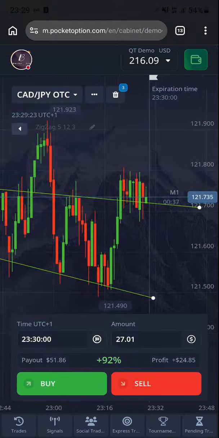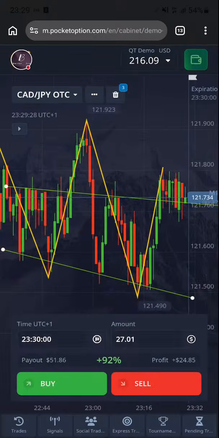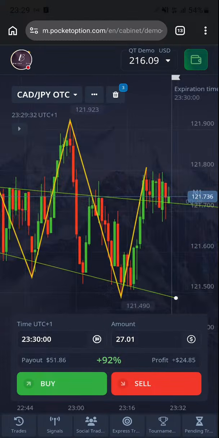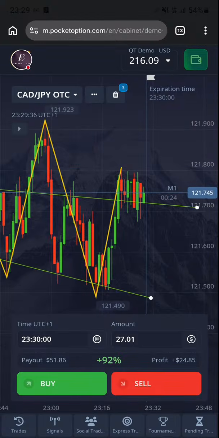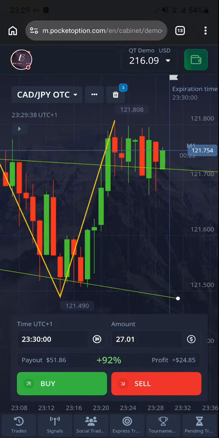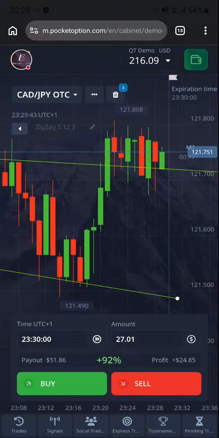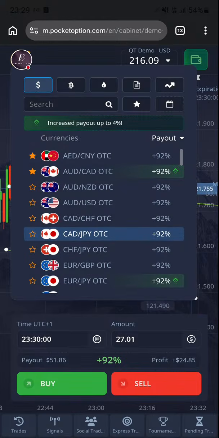Sometimes this is the time you might want to use this. You can see what I'm talking about now. This up, down, down, then up. So the next movement of the market might just be down. We don't know yet, so we just need to wait for a breakout or something, to see what will happen here. But we'll keep an eye on this market too.